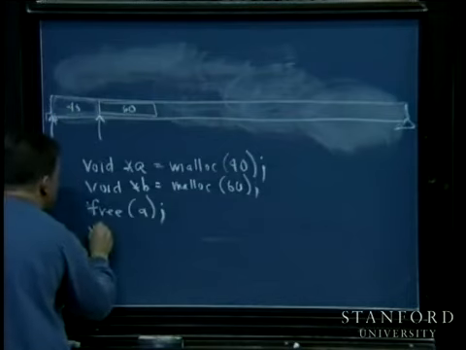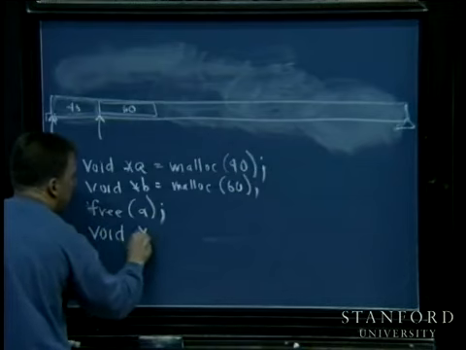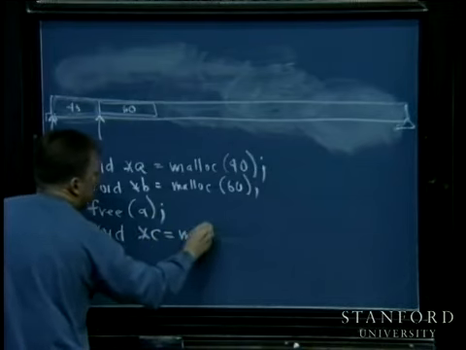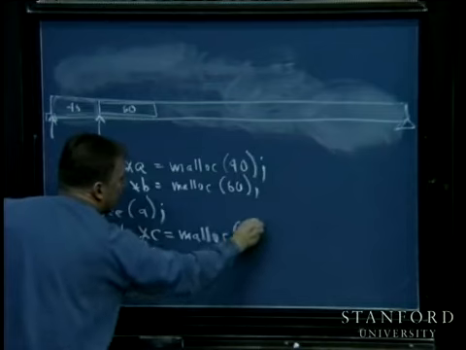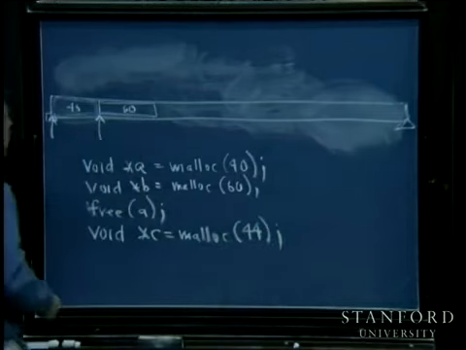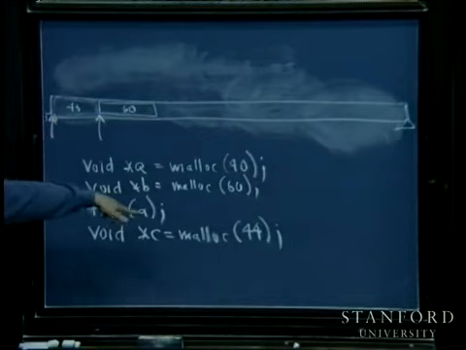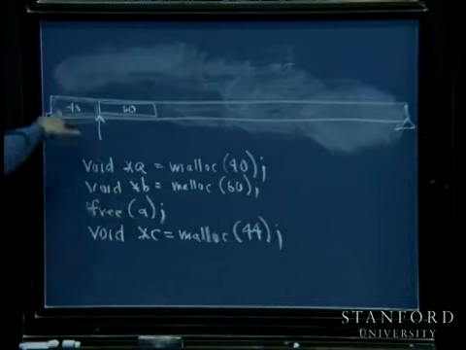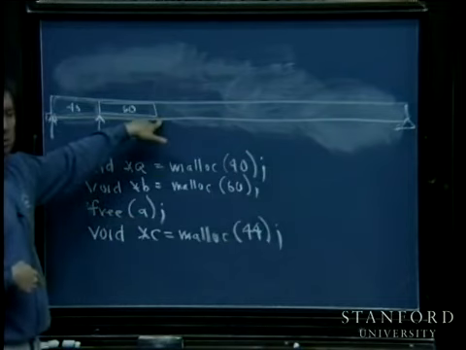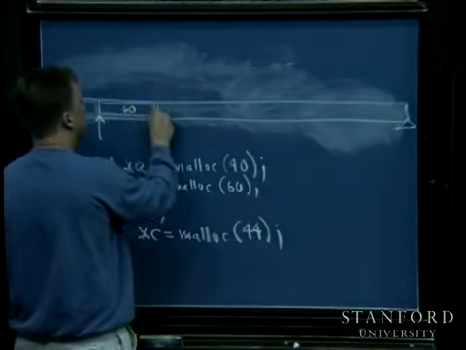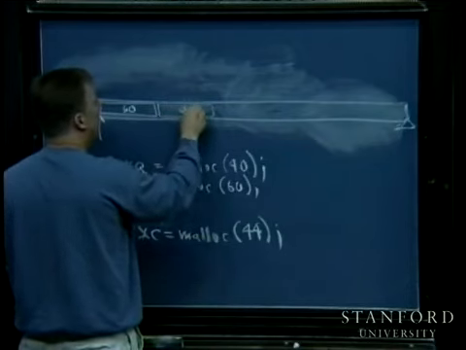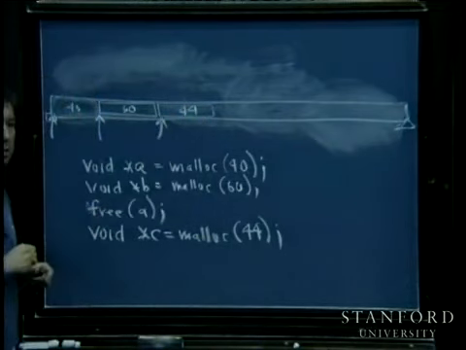So that if I do this, void star C is equal to malloc, and I'm obnoxious about it, and I say 44, it will look at this block right here. It will record it and note that it's a 40-byte free block that could have been used had this number been less than or equal to 40. But since it isn't, it has to hop over and consider this right here. So it will clip this off and return that address and bind it to C.